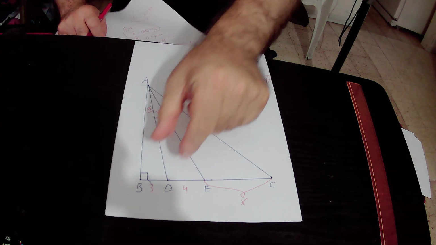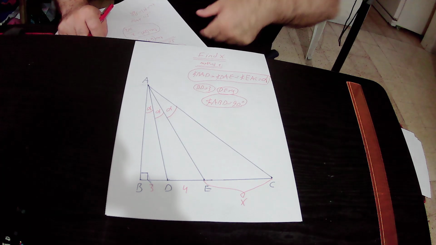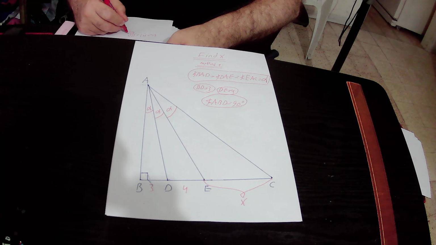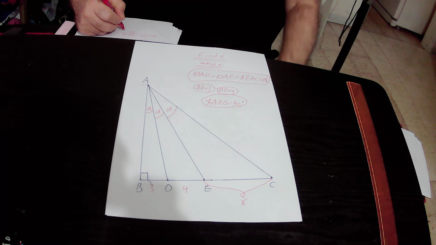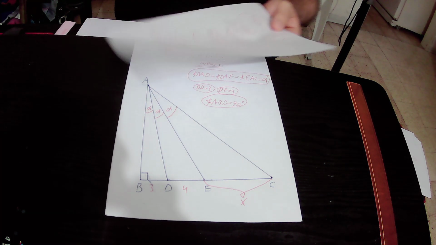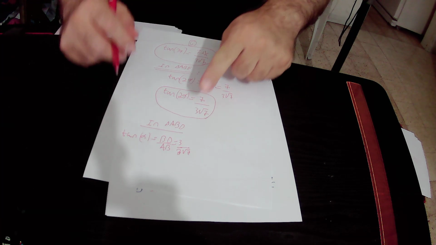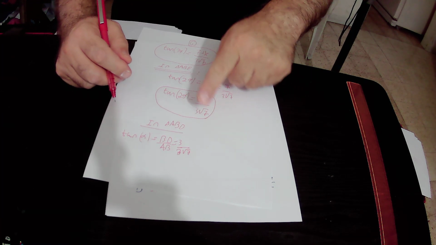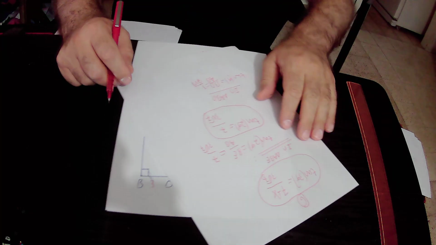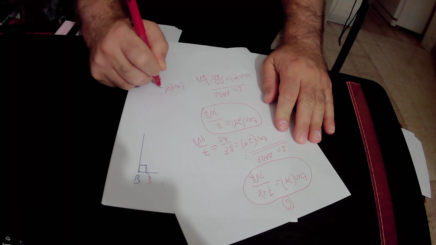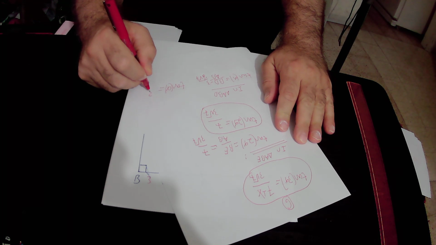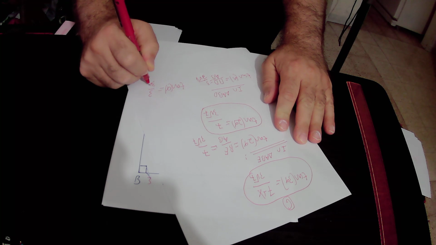But what is the value of AB? AB equals 3 units. It is given in the question. And we have already found out that AB equals 3 times root 7. So in total we got that the value of tangent alpha equals 3 over 3 times root 7. So I will write it down.